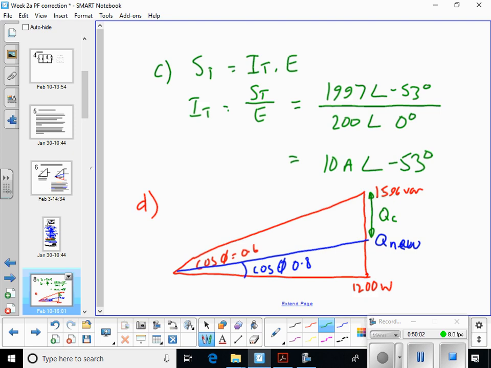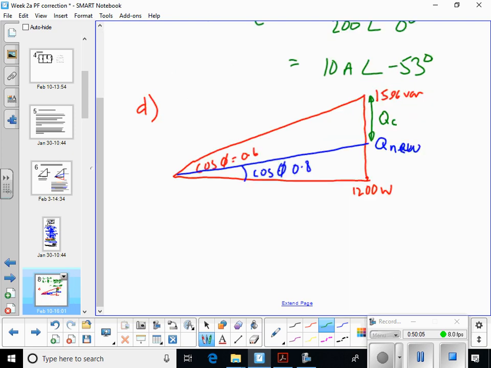Yeah. So, what we can say is cosine of the angle is P over S. Right? And therefore, S is equal to P over cosine of the angle.